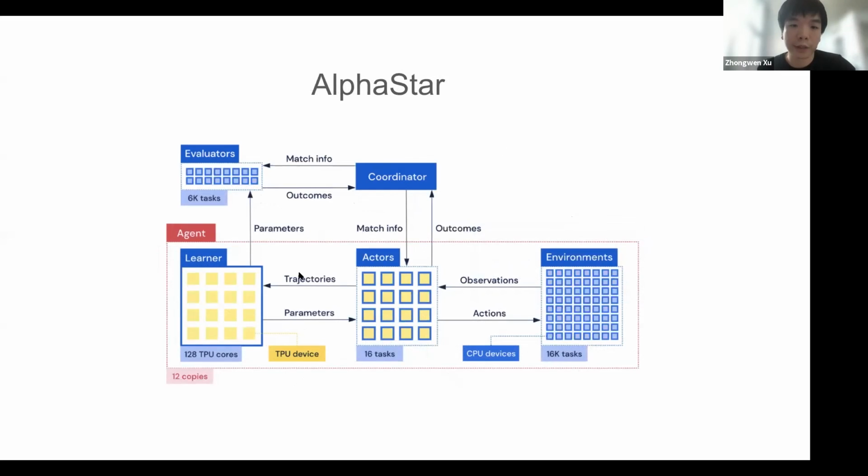Similarly, for AlphaStar, they are leveraging TPUs for the learning and for the acting, but at a high level, this is similar to actor-critic methods. The learning is upon a queue of trajectories from the experience from the environments.